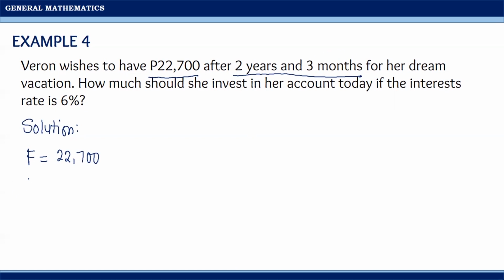Therefore, T is equal to 2.25 because 3 months is equivalent to 0.25 year. Moreover, the interest rate is given to be 6%, therefore R is equal to 6%, or in decimal, that is equal to 0.06.